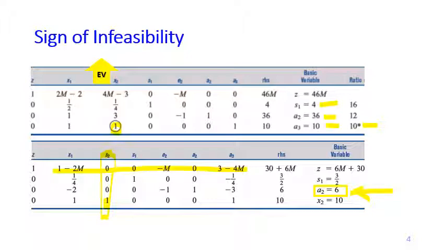Remember that artificial variables represent something that does not exist in the real world. So it means that in your optimal solution here, you propose something that actually does not exist in this physical world.